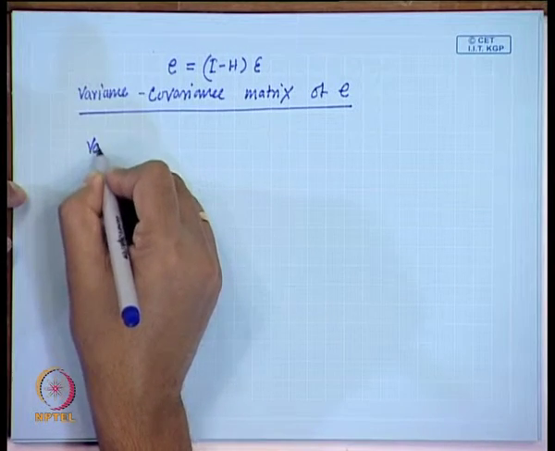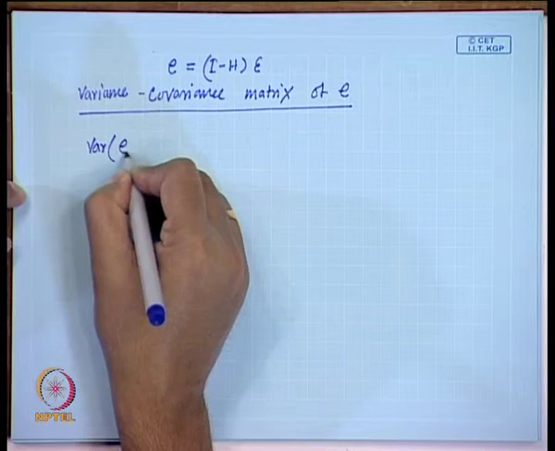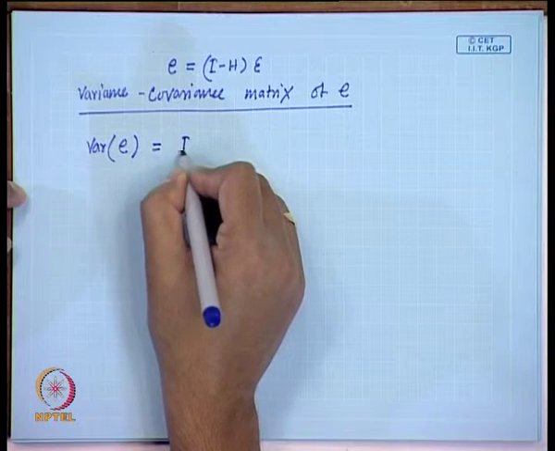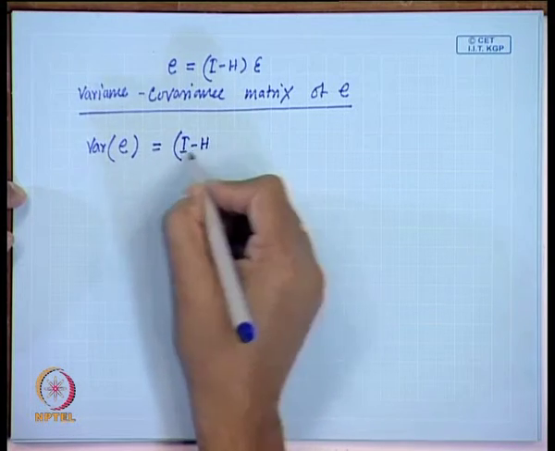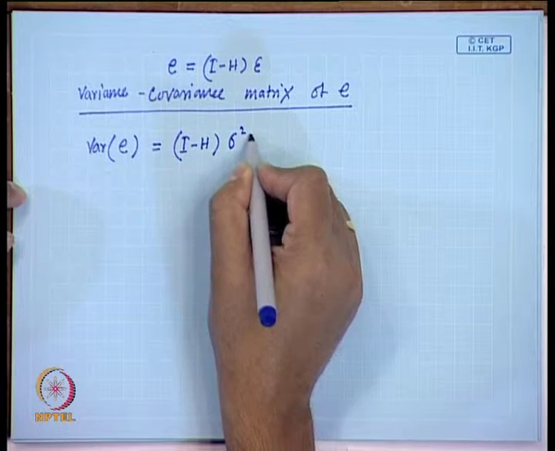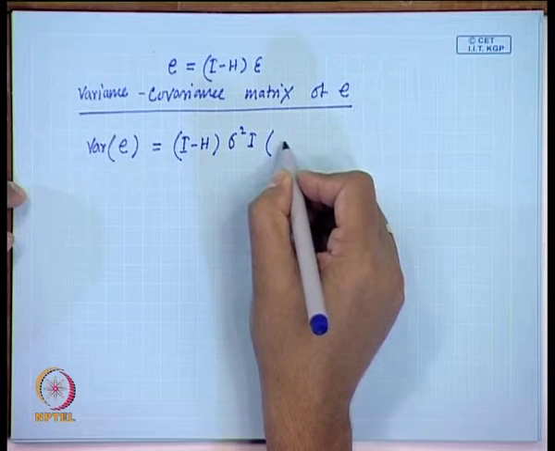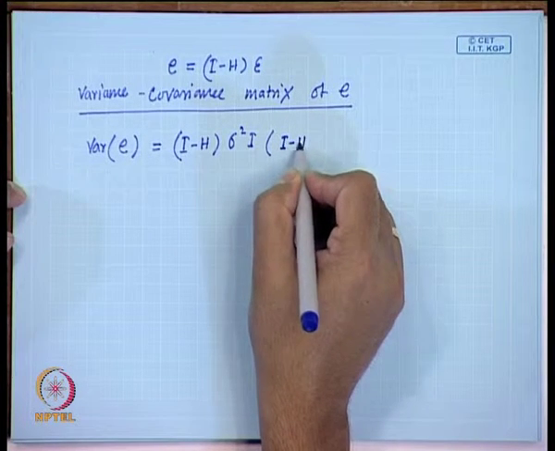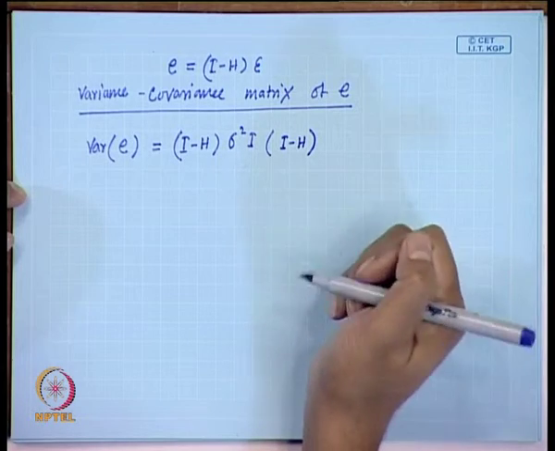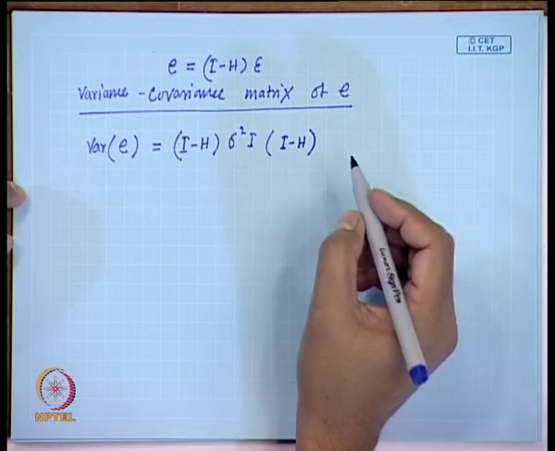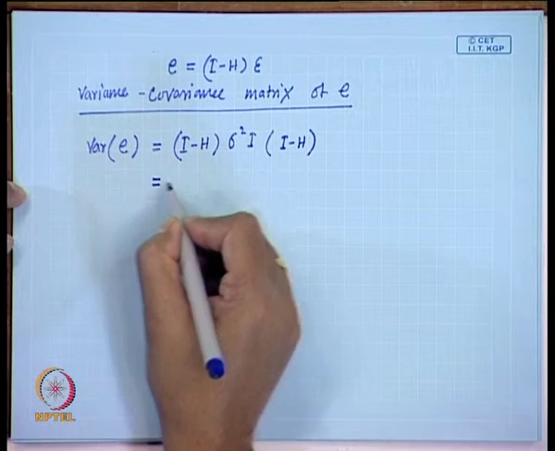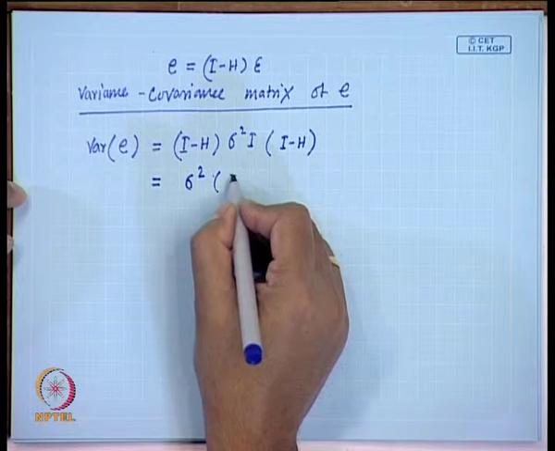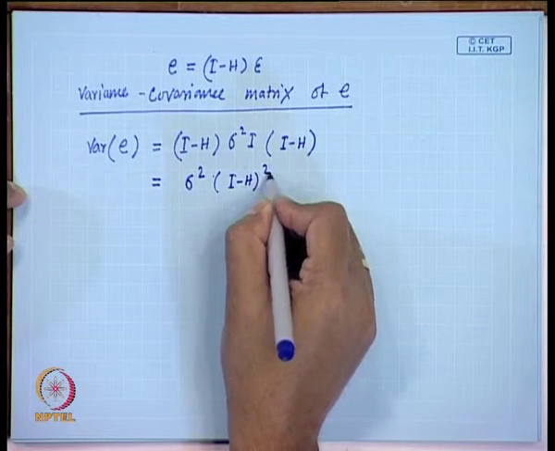So the variance covariance matrix of e is a matrix, right. So the variance covariance matrix of e is equal to I minus H sigma square I, I minus H. It is a very standard one, and this is equal to sigma square I minus H square.